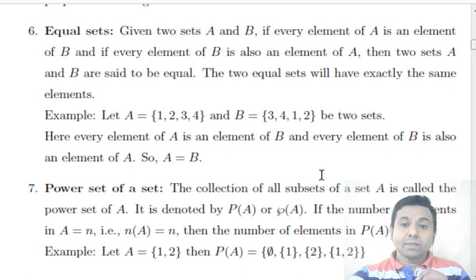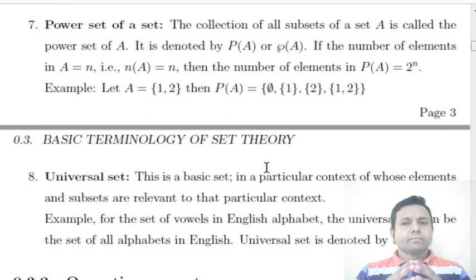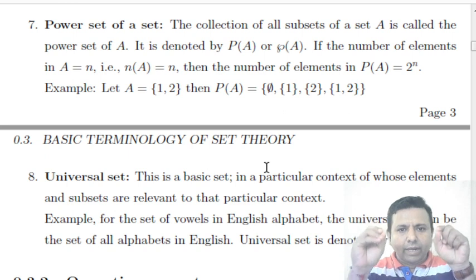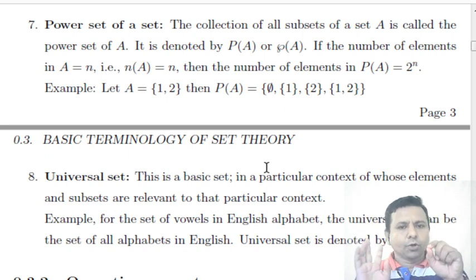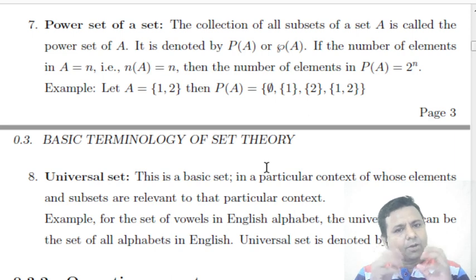Now we start with the power set of a set. This is very important in set theory. The collection of all subsets of a given set A is called the power set of A. Suppose you have a set A equals {1, 2} with only two elements. Then you have to find all subsets of A. Obviously the empty set phi and the set itself are subsets of the given set.